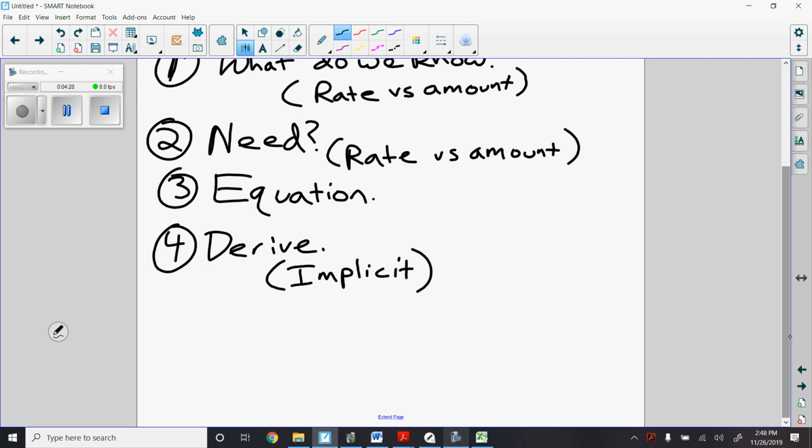We treat everything like it's an implicit differentiation, where everything is kind of like the y value, right? So if you're doing the derivative of r squared, it's going to be 2r and then dr/dt. So we're always tacking on the derivative when we're doing it. And then fifth, solve for what you need.